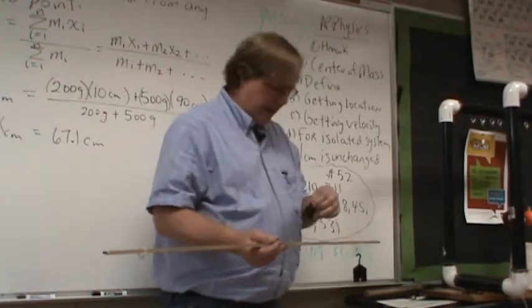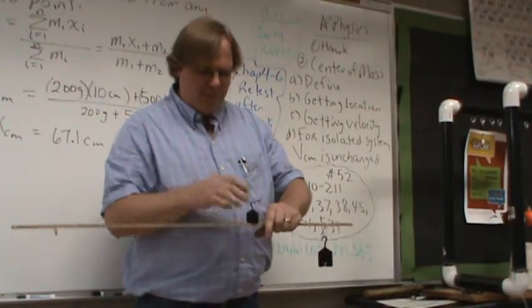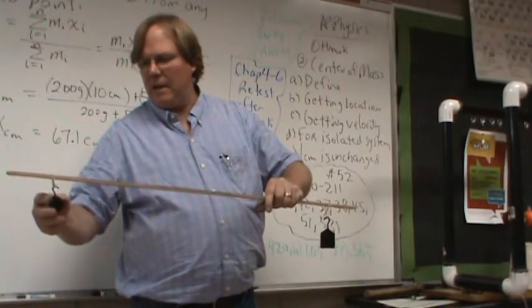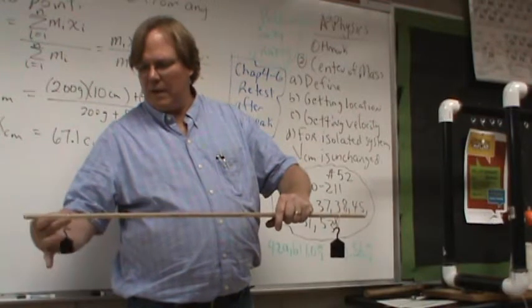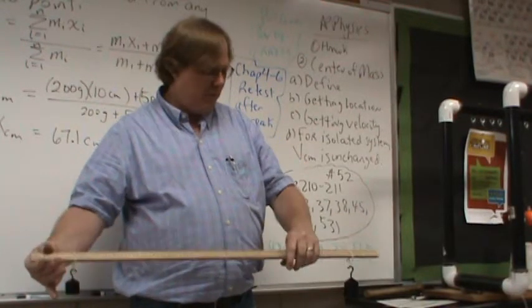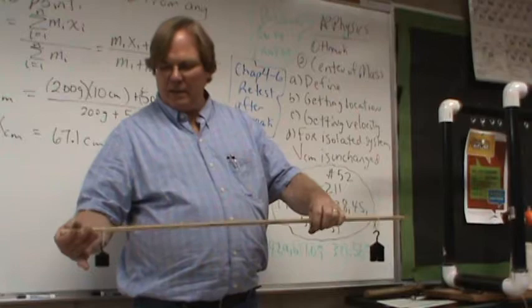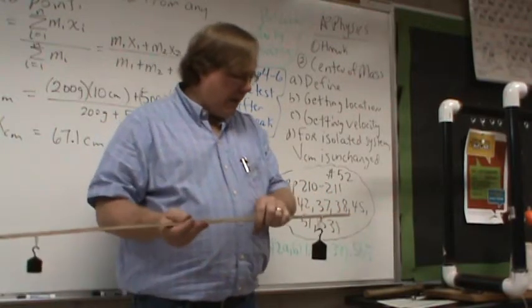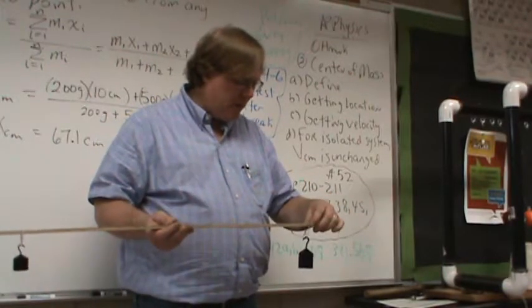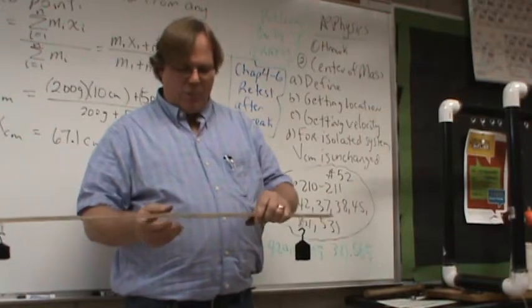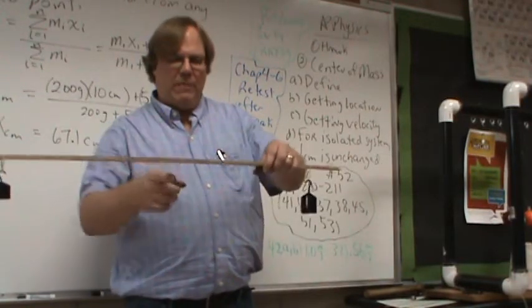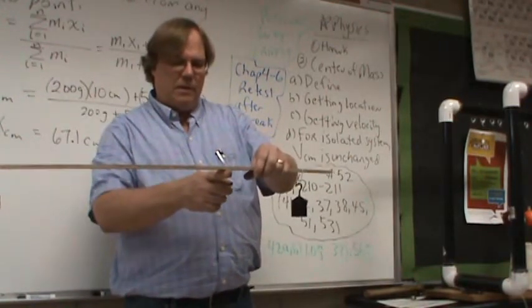Okay, and then I'm going to hang the 200 gram mass right at 10. There it is. So as you see, it's hanging at 90 and 10. Okay, and then I'm going to put my finger right at 67.1, and boy, will you be amazed when it balances.